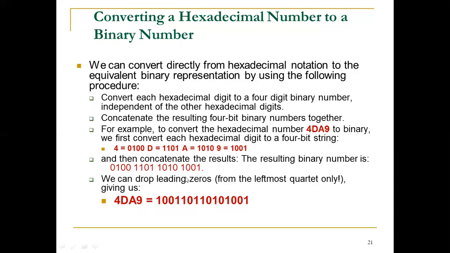This D is 1101, A is 1010, and 9 is 1001, and you collect it. So you can easily convert hexadecimal into its binary equivalent. So this number is the equivalent binary number of this hexadecimal number.